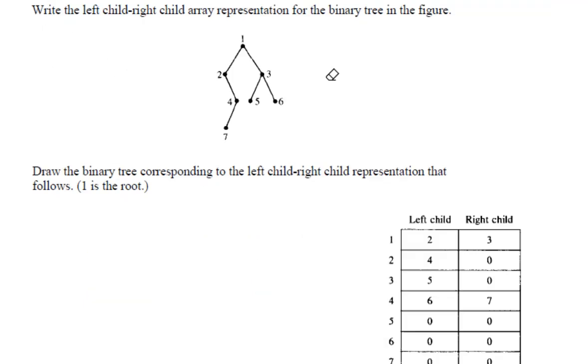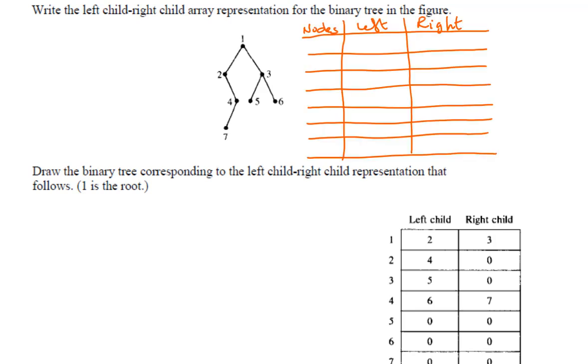So let's see this example. Write the left child, right child array representation for the binary tree in the figure. So here are the nodes. It looks like we have 7 nodes, and we're going to write the left child and the right child. The root, which is 1, has 2 as a left and 3 as a right. Node 2 has no left, but it has 4 as the right.